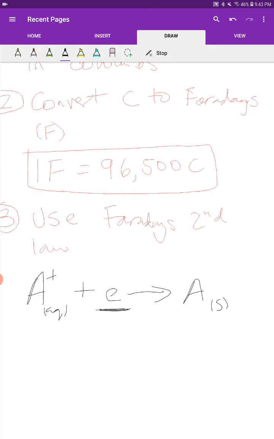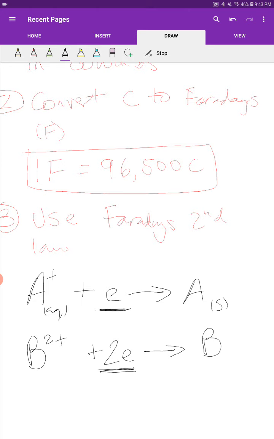If you have a divalent ion that is gaining or losing 2 moles of electrons to form a neutral atom, then the charge on 2 moles of electrons is equivalent to 2 Faradays.